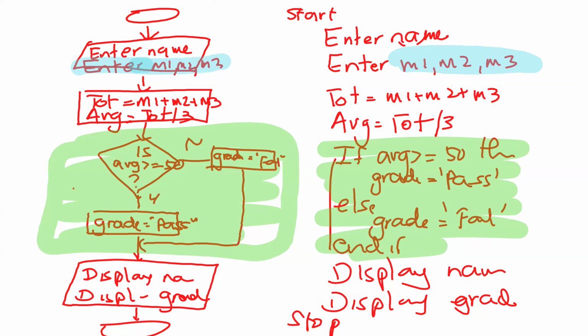Is that practical? It's difficult to do practically. If you need 20 marks, then you have to use 20 variables. In that type of situation, we can think about the repetition part. Right, let's go for that. If you need to enter 10 marks, or 3 marks, how to do that? Let's do it.